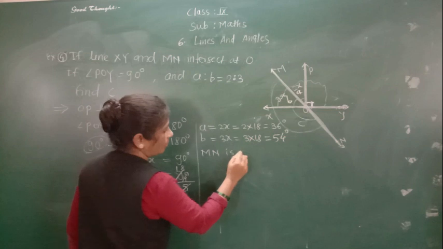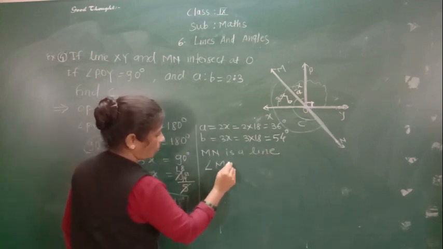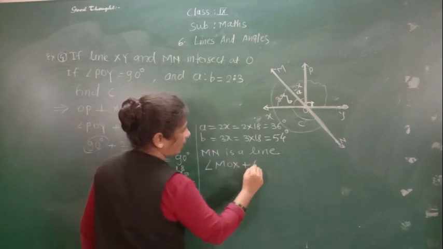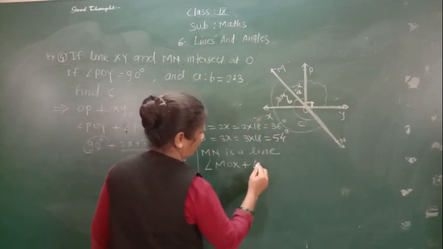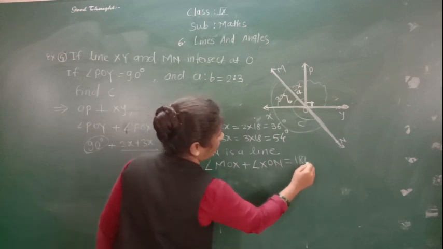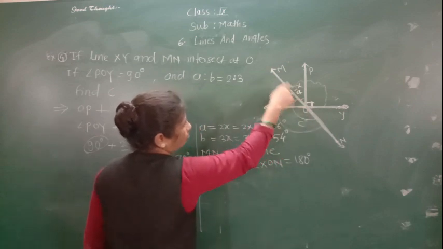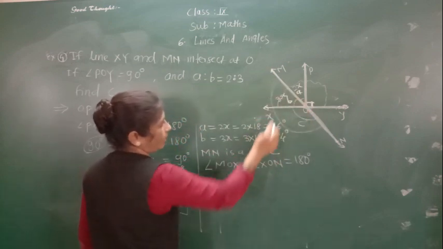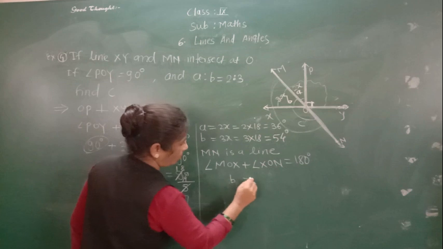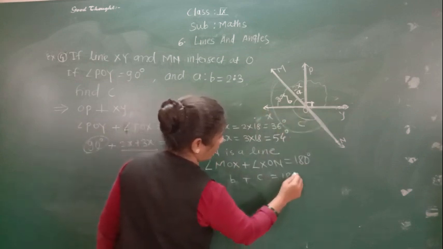MN is a line, so angle MOX plus angle XON equals 180 degrees. MOX is how many? B, right? So B plus this XON, which is C, equals 180 degrees.